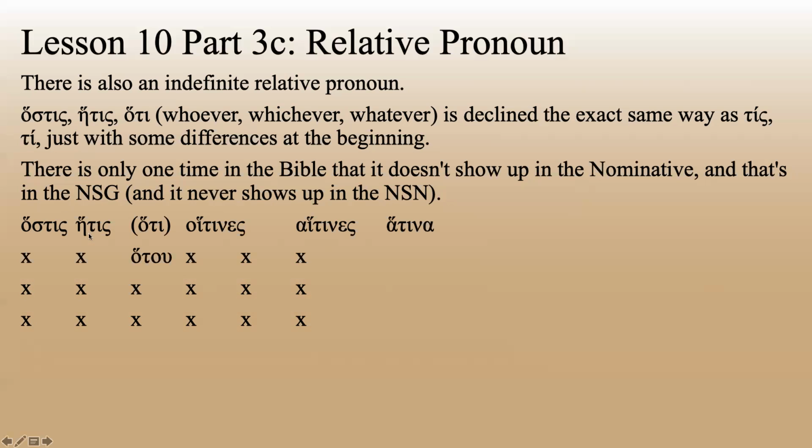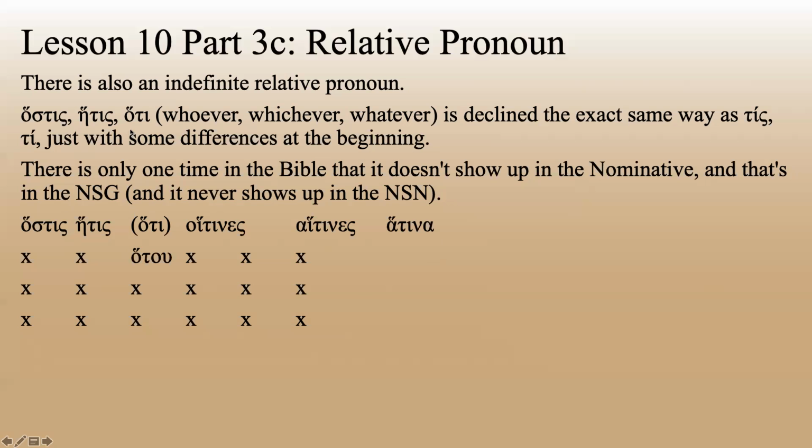We have hostis, which is masculine singular nominative, hatis, which is feminine singular nominative, hatu, which is neuter singular genitive, hoitines, which is masculine plural nominative, haitines, which is feminine plural nominative, and hatina, which is neuter plural nominative. It may be easiest just to memorize these.